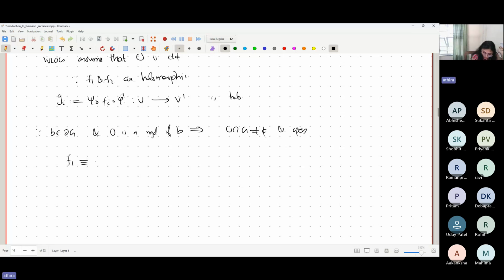Here, F1 is identically equal to F2 on U intersection G by definition of G. Then g1 is identically equal to g2 on phi of U intersection G, which is an open subset of V. By the usual identity theorem in complex analysis, g1 is identical to g2 on V.